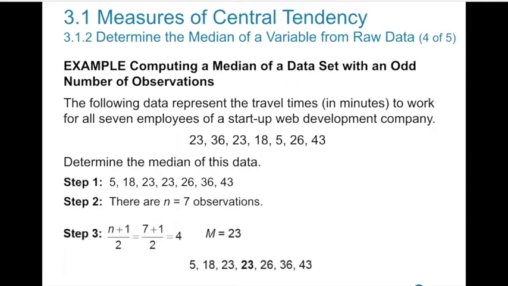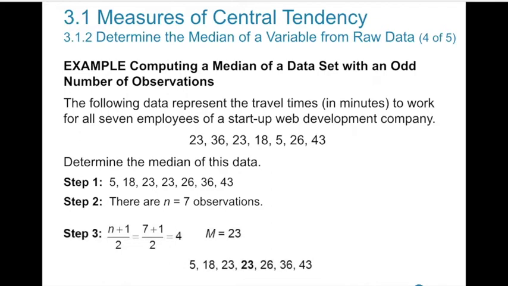So here's an example, that same information about travel times to work, and we've put this information in order from least to greatest. I know that there are 7 pieces of information. So if I have it in order 5, 18, 23, 23, 26, 36, 43, and I mark off from both ends until I get to the center, I know that the middle term is going to be that 23.